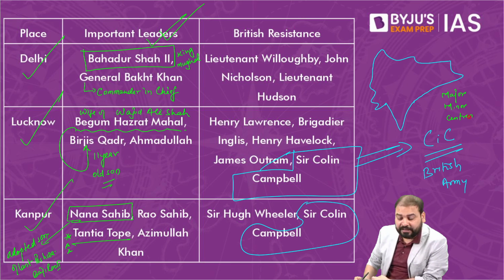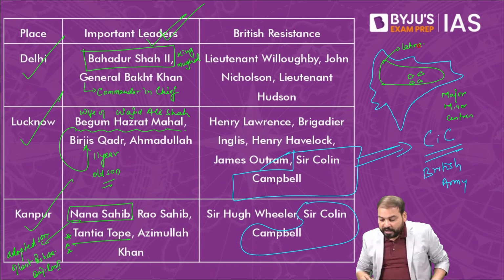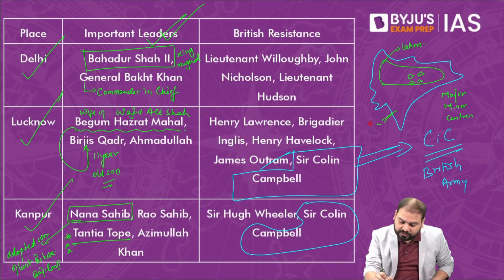If you see, the major centers of the revolt are mainly in UP. This belt goes till Lahore, that is in Punjab. And mostly South India is not involved here.